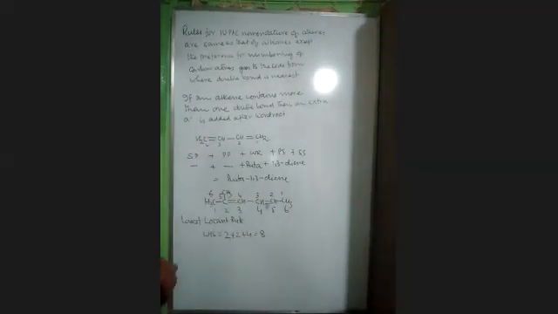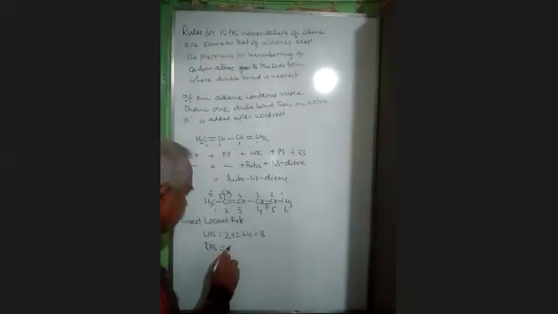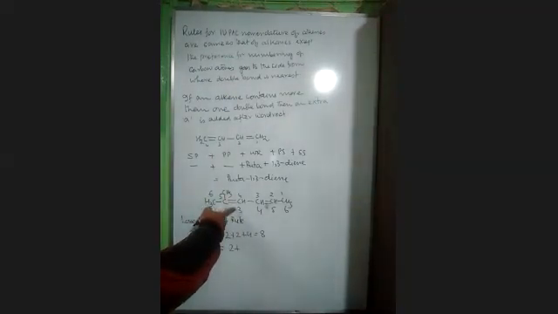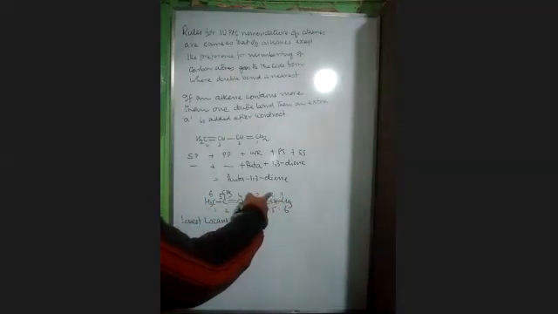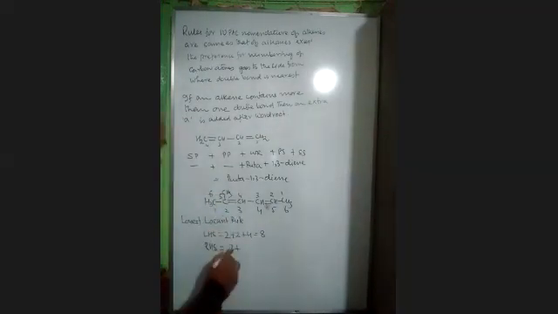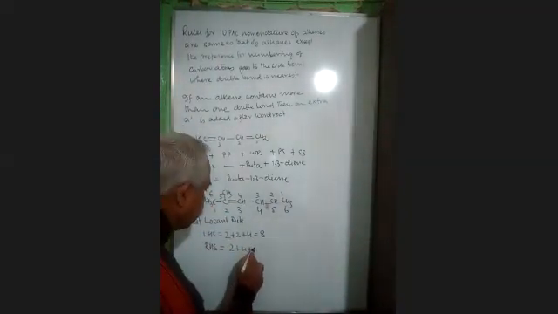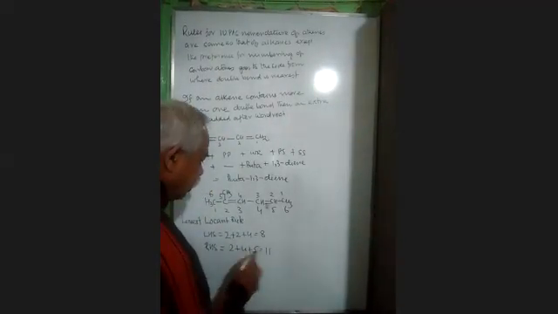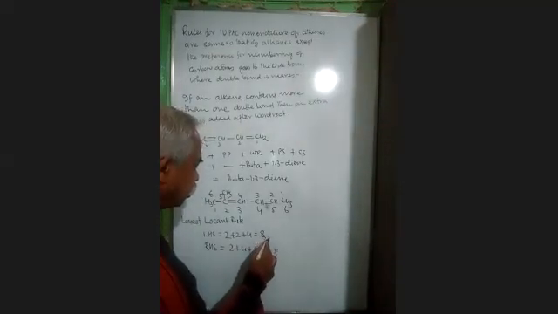If I do it from the right hand side, this double bond starts from the second carbon, then another double bond starts from the fourth carbon, and the substitution is on the fifth carbon. So it comes to 11. So this is wrong. This is right.